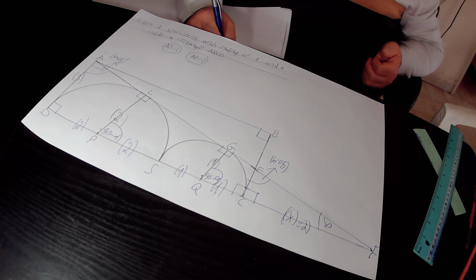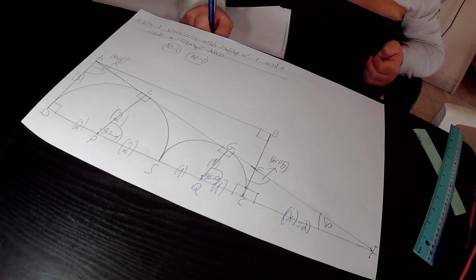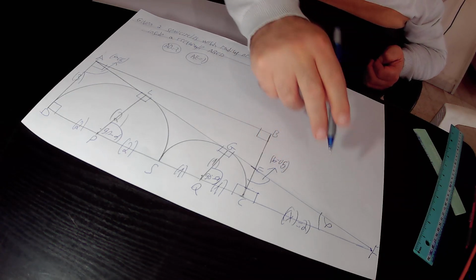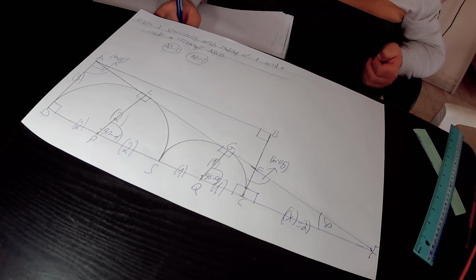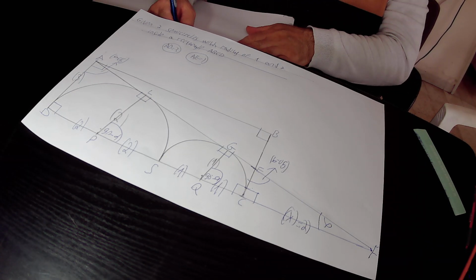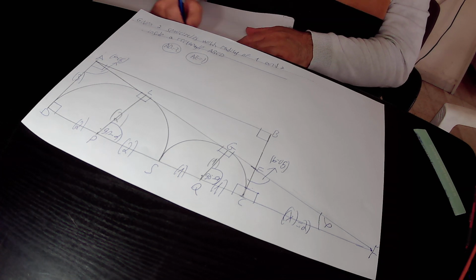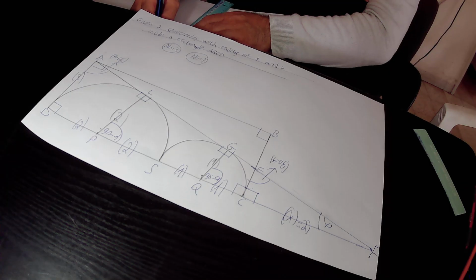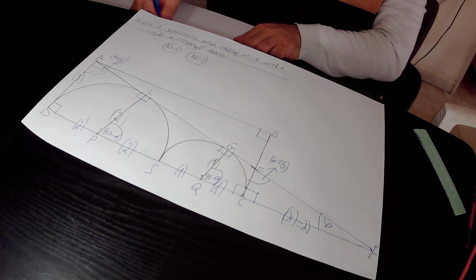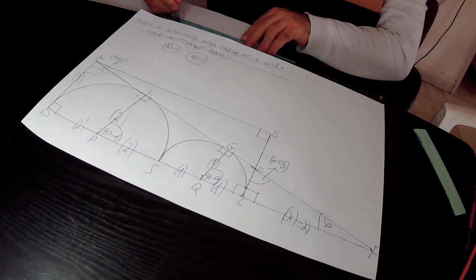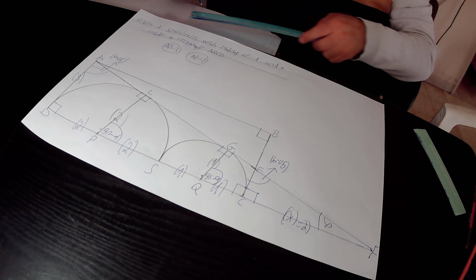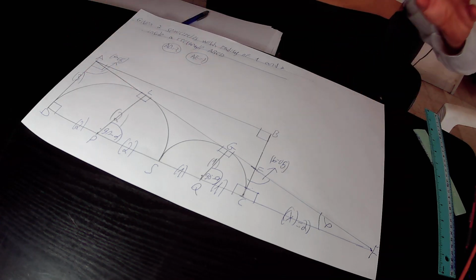We will prove that this big right triangle ADF is similar to this small right triangle ACF. So write those two right triangles are similar to each other.